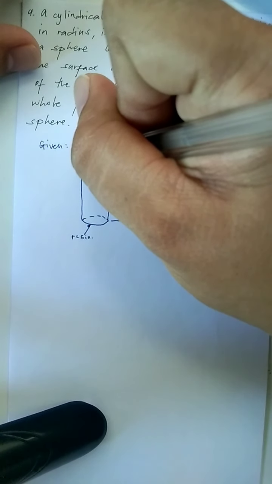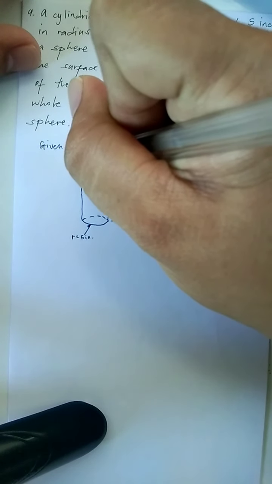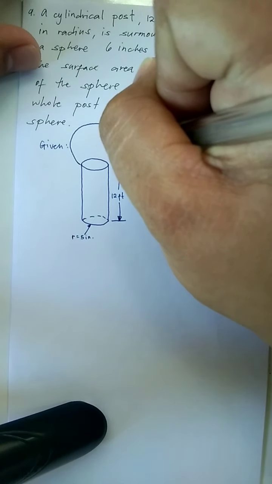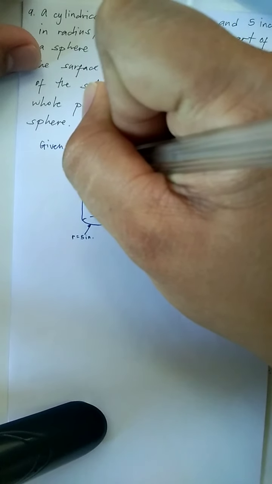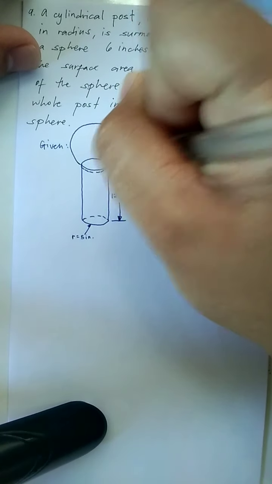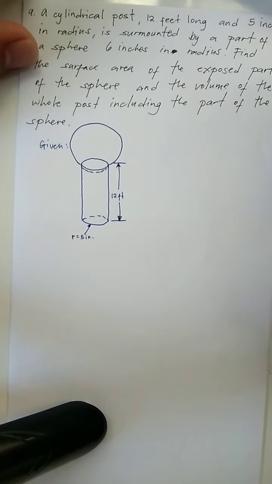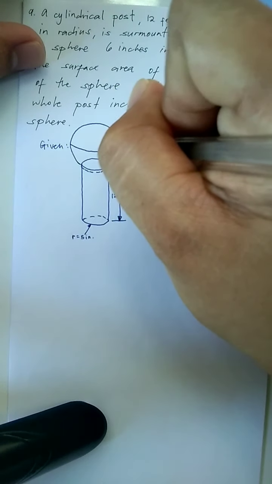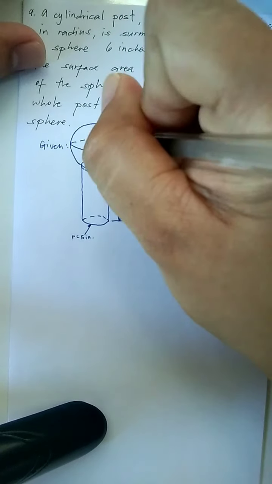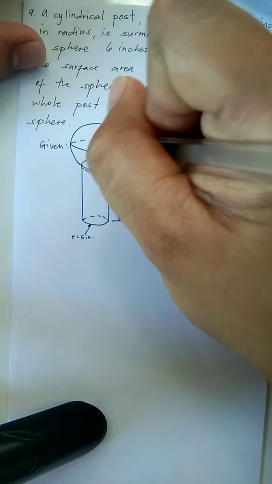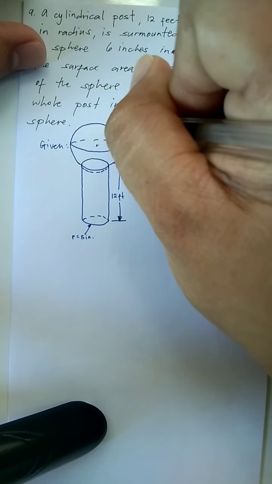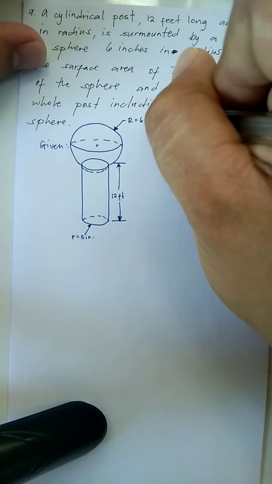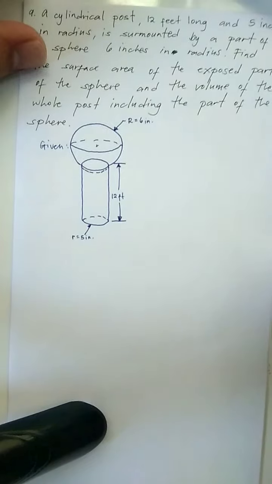What does a surmounted look like? So let's assume the radius of the sphere here is 6 inches, so R equals 6 inches.